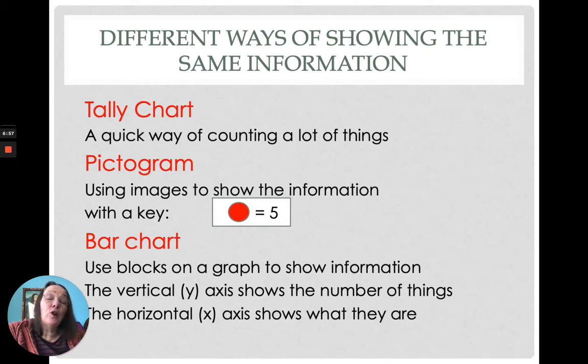So that's all the clocks or ways of telling the time you can see, and it could be a timer that you wind up, it could be on your wall, it could be on your cooker. If you look around carefully, you'll probably find that you've got more than one.